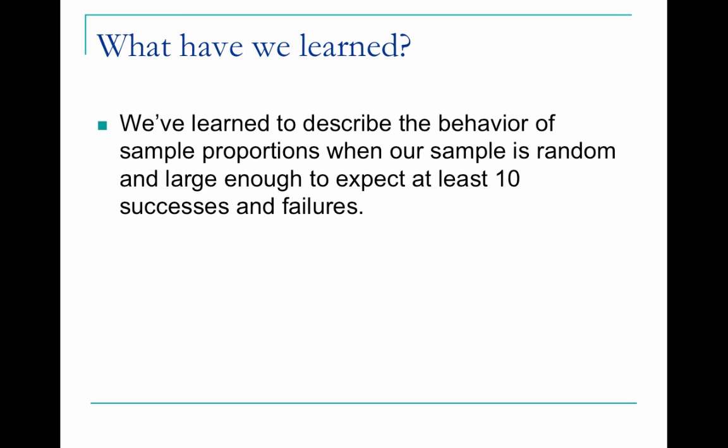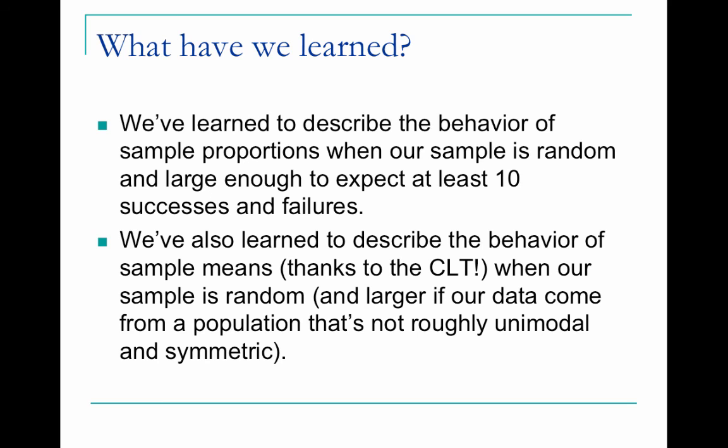We've also learned how to describe the behavior of sample proportions when our sample is random and large enough to expect at least 10 successes and 10 failures. And we've learned to describe the behavior for sample means, thanks to the central limit theorem, when our sample is random and larger if our data comes from a population that is not already unimodal and symmetric.